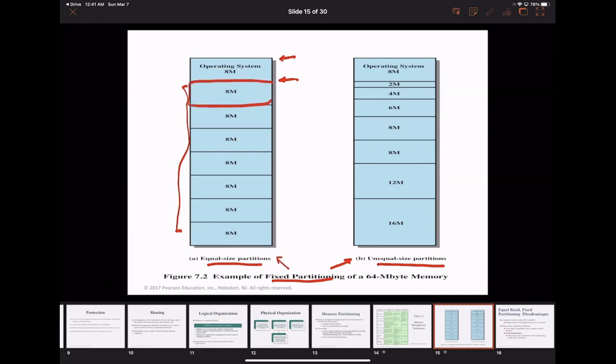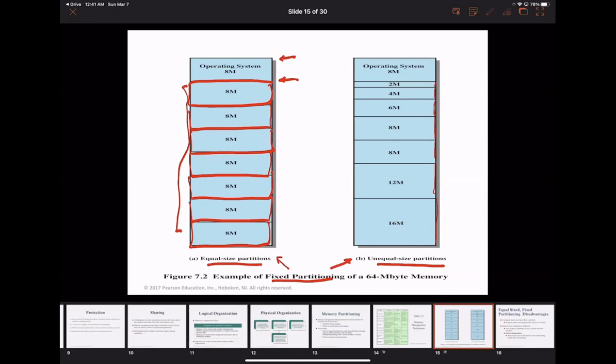All of the partitions are 8 megabytes. There are no unequal sizes of partitions. This is where we call it fixed. However, it could be unequal sizes. It's still fixed, but it could be size 2, or size 4, size 6, or 8, or even 12, or even 16. Still fixed partitioning of the memory, done at the generation time, but it could be equal or unequal sizes.